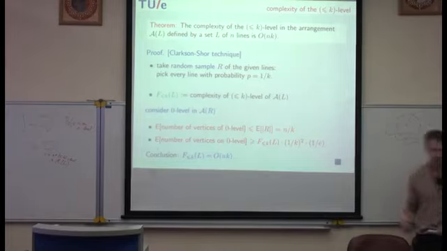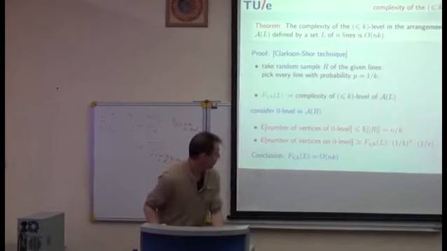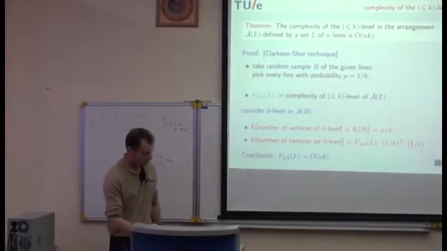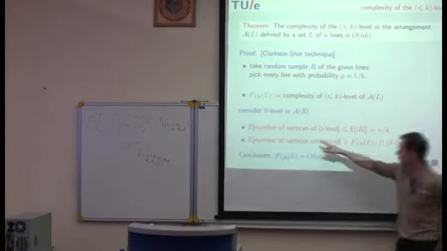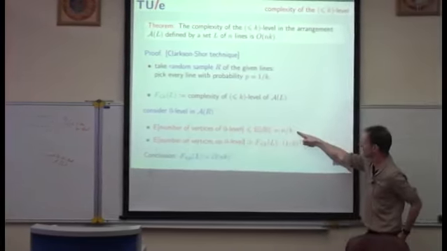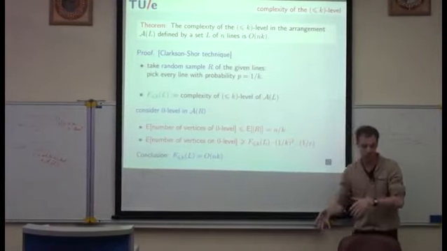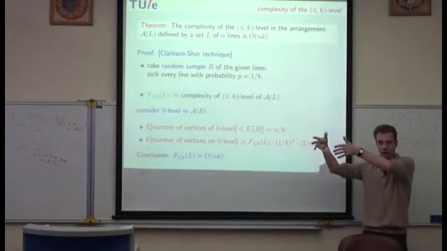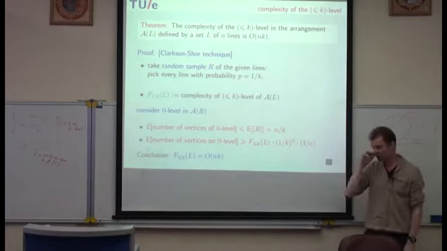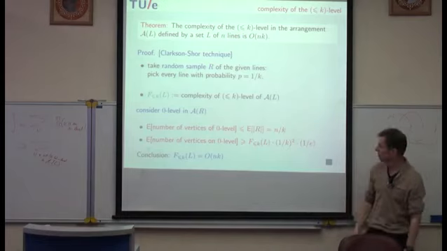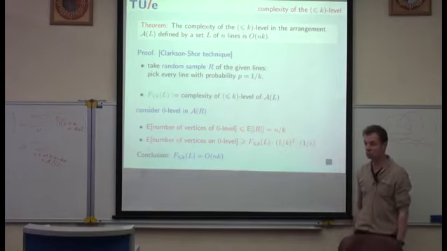Okay? So the nice thing is to apply this technique. The only thing you need is essentially this. As soon as you know that the expected, so you always relate somehow things to the complexity of the 0 level. So if I now want to do this for segments, well, instead of nk, I have to write nk alpha nk, right?